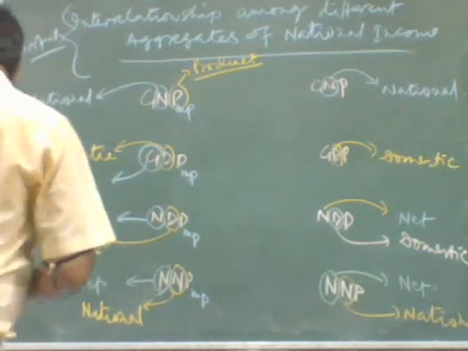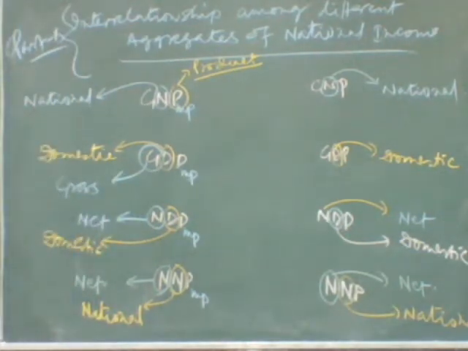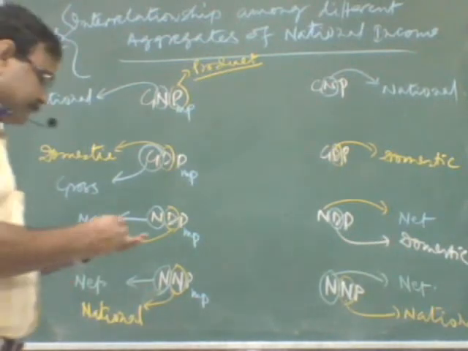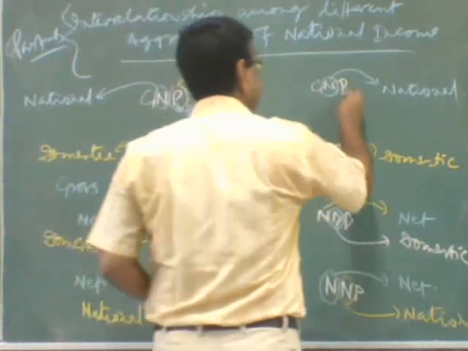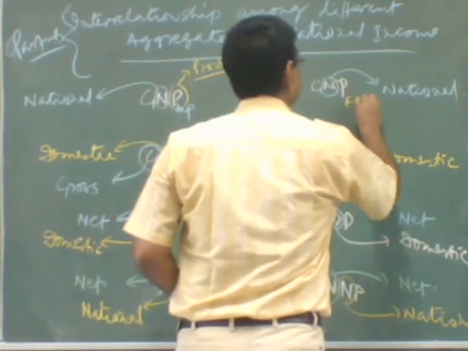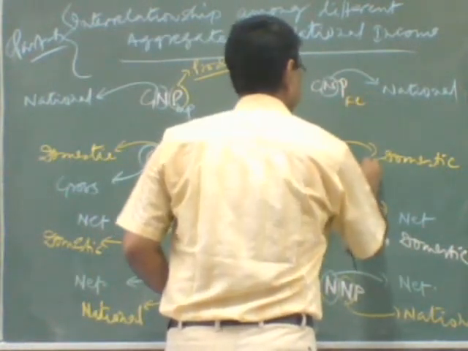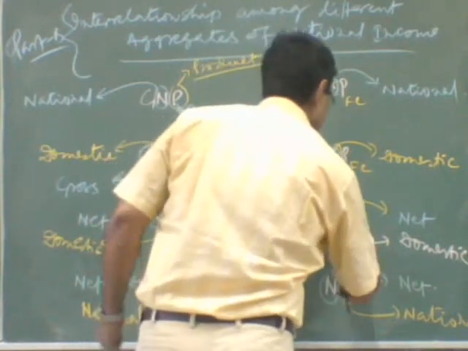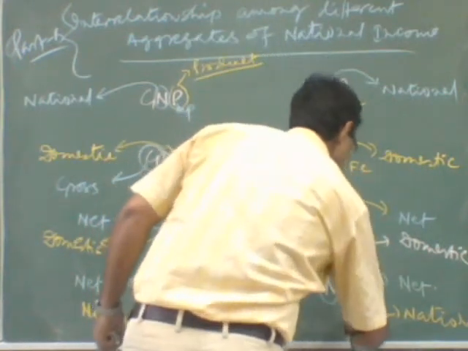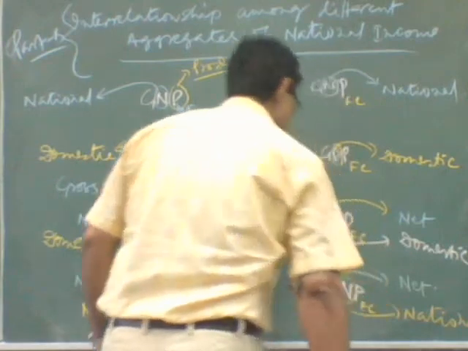In the same way, we have to establish here GNP factor cost, GDP factor cost, NDP factor cost, and NNP factor cost.